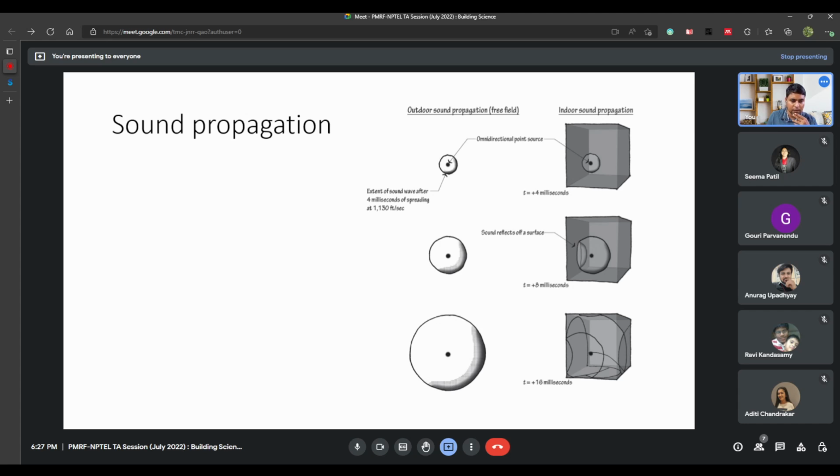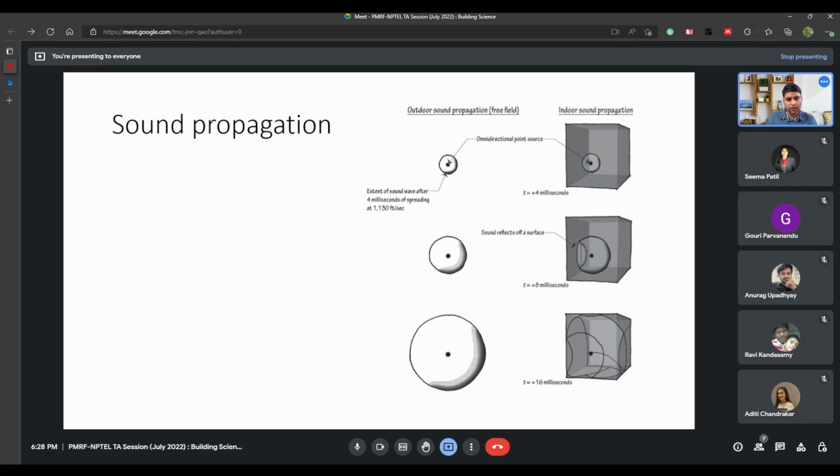If we have a surface with a very high absorption coefficient like 0.9, and a sound source is traveling towards that surface, only 10% of the sound power level will be reflected back.